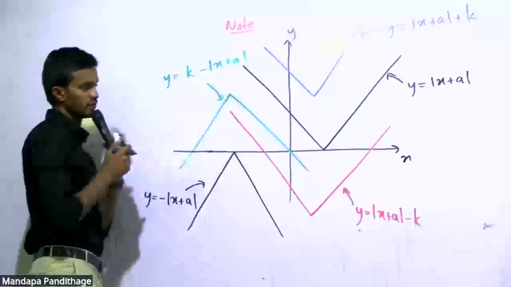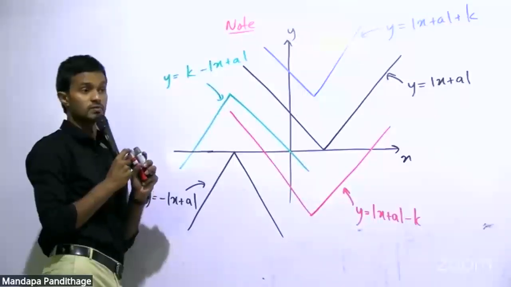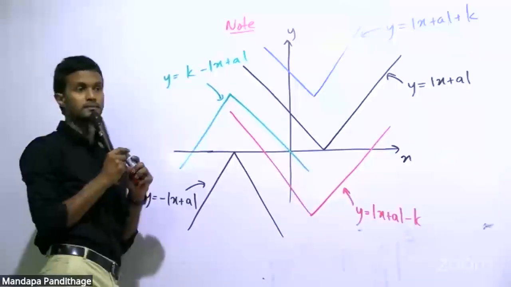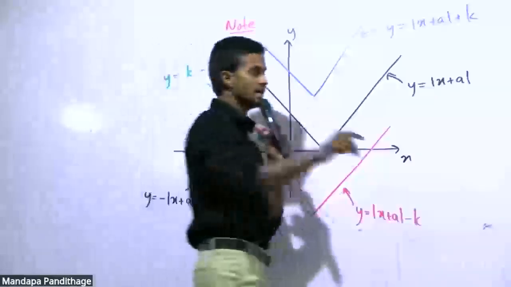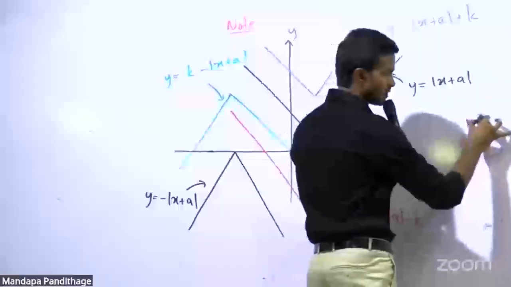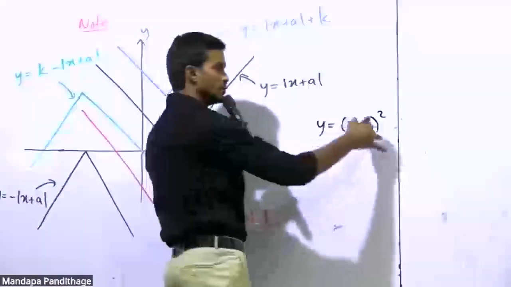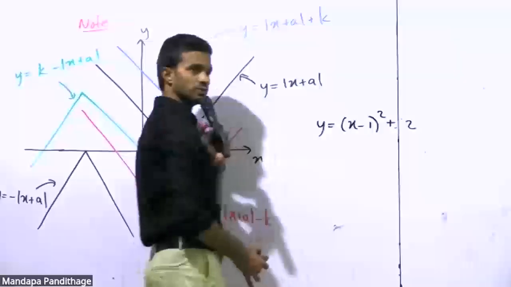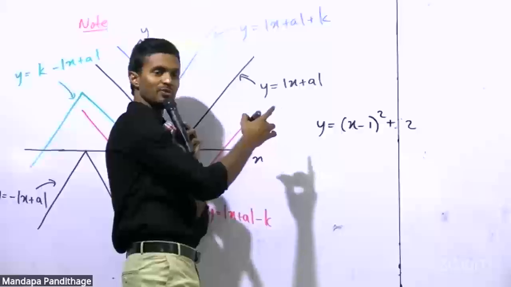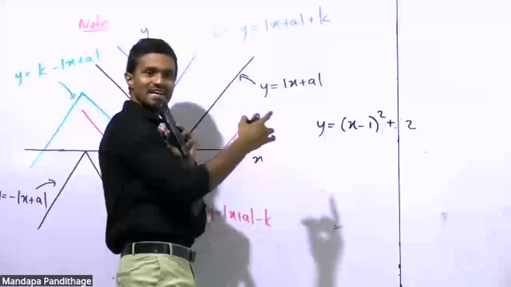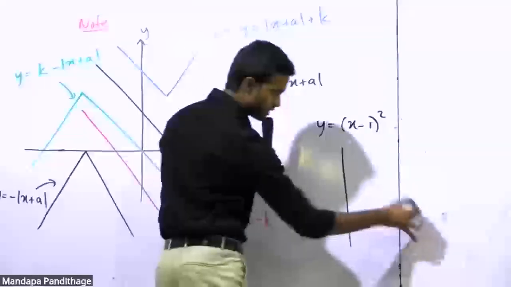Even though it may sound like you are hearing this for the very first time, it's not the first time you are learning this. If you remember, in O levels you had to sketch the graph of y equals x minus 1 squared. Then you deduce x minus 1 squared plus 2. Hands up who can remember that? I don't know whether it has been taken out of the syllabus. First you sketch this one, and the graph goes this way.